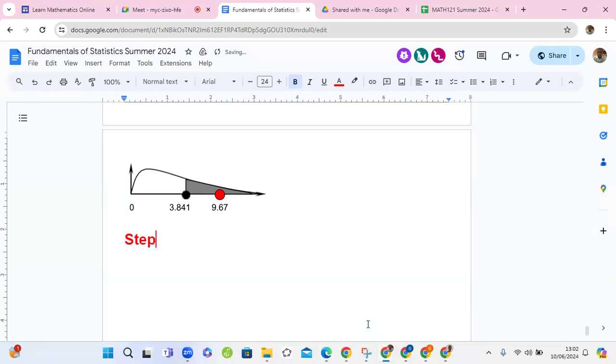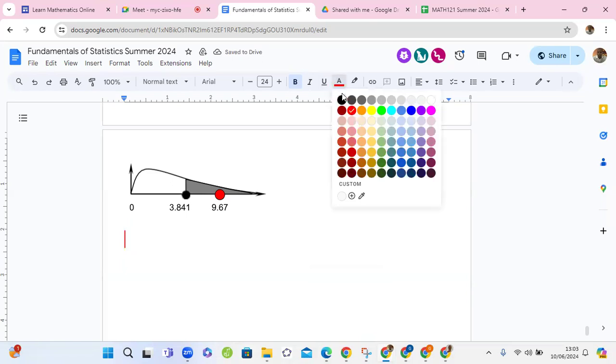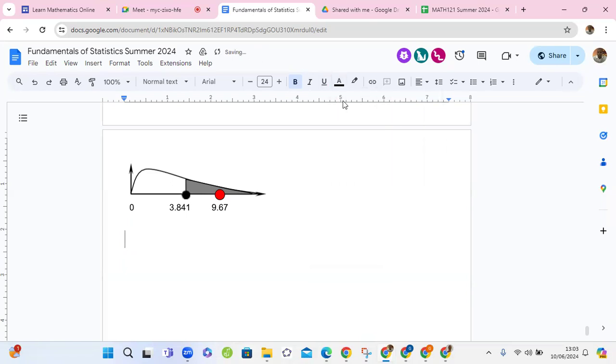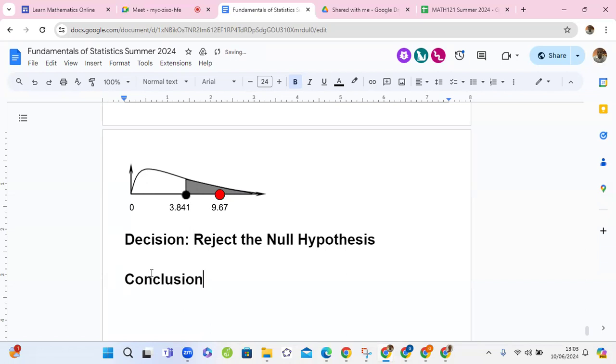In step number 8, reject the null. We don't have to write these steps. Reject the null hypothesis, and the conclusion. So that's our decision. And the conclusion: we have to conclude with the alternative. What is the alternative saying?